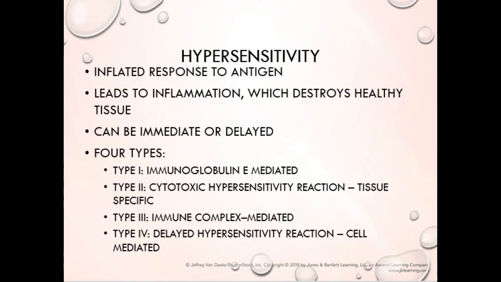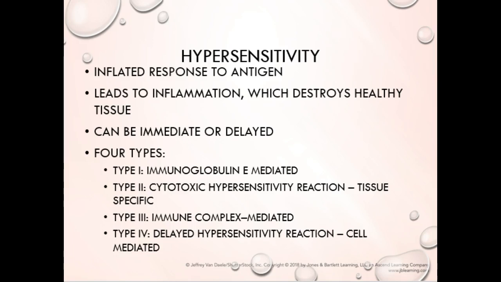If we're talking about some sort of hay fever, we're just going to get some swelling, some itchiness, some redness possibly. Might not be bad. All the way up to autoimmune diseases, which can destroy that healthy tissue. It can be immediate or delayed. So the 4 types we're going to talk about, I have them broken down for you in specific examples.